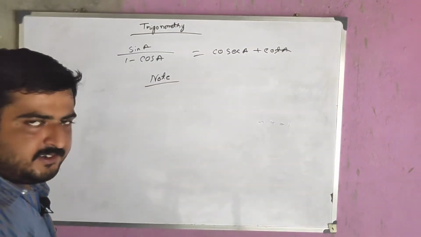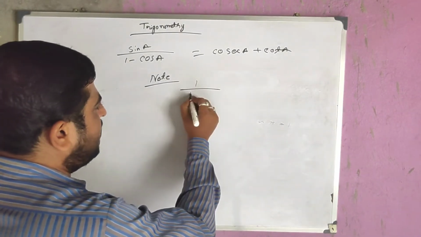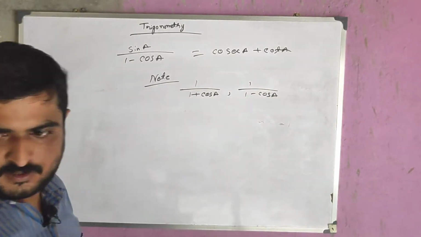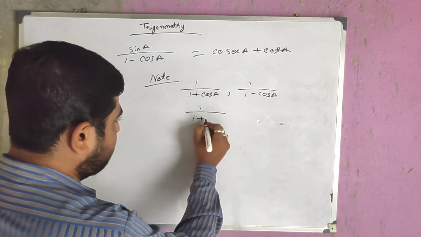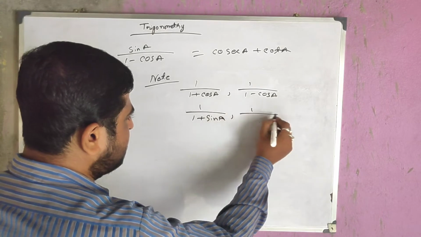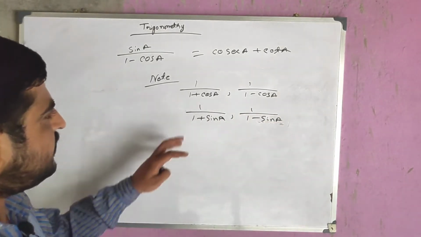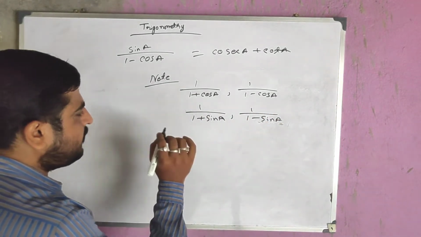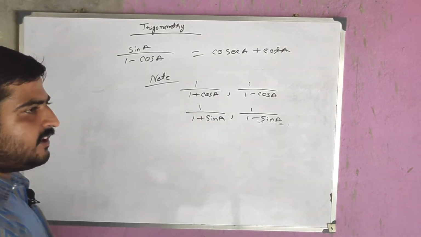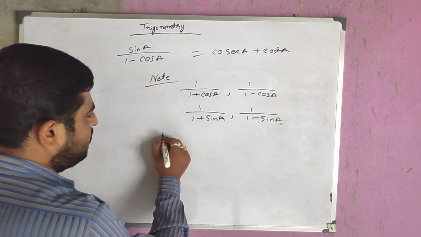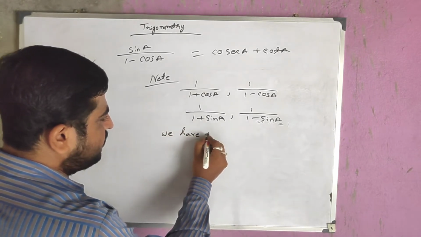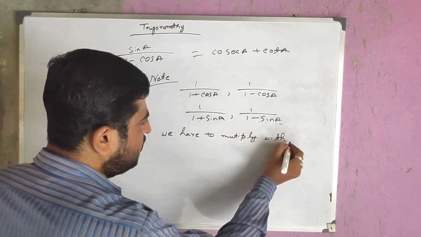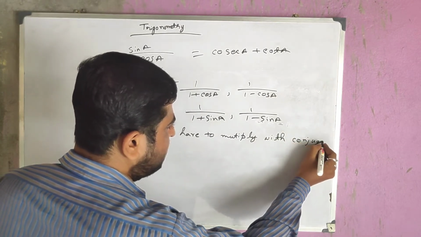If in the denominator there is 1 plus cos A, 1 minus cos A, 1 plus sin A, or 1 minus sin A, always remember you have to multiply with their conjugate.